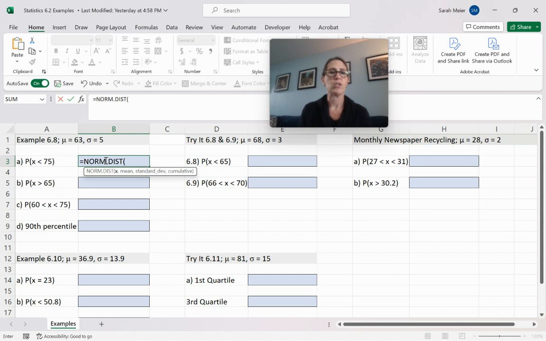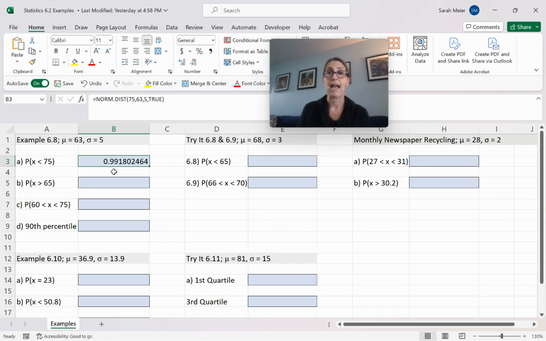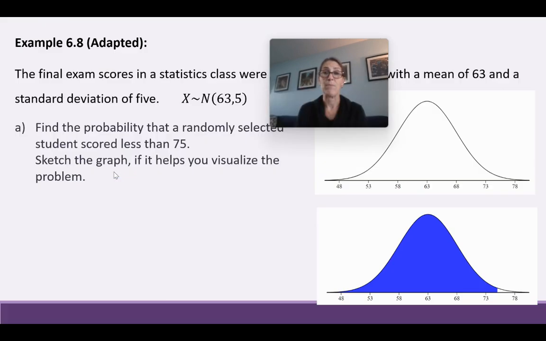So normal distribution with my value of 75, my mean is 63, my standard deviation is 5, and I'm doing a less than problem, so it's going to be the word true. When I hit enter, I get 0.9918. So that's a pretty big probability, 0.99 or 99.18%.